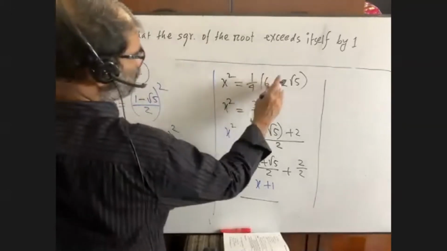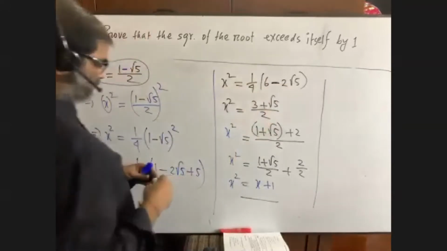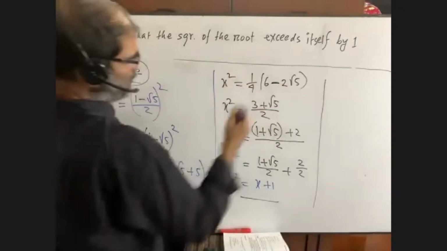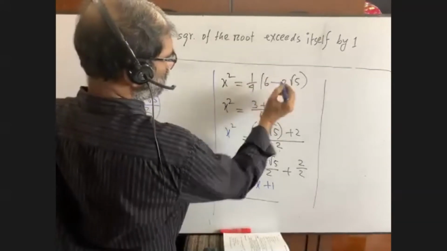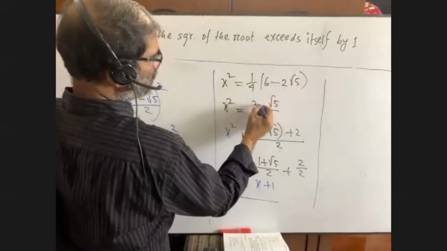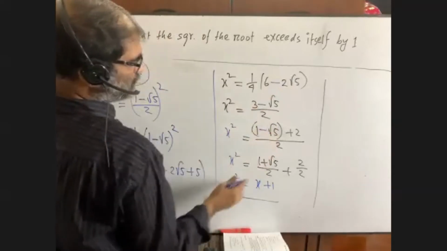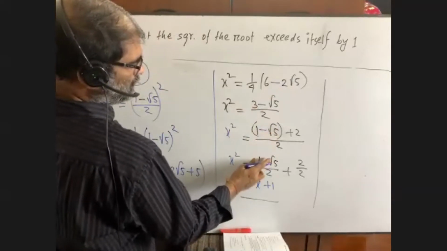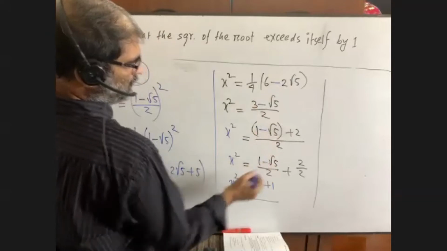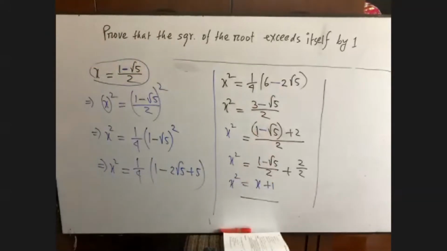It is minus. So you see, for x equals to 1 minus root 5 by 2, we also have the same answer, right?